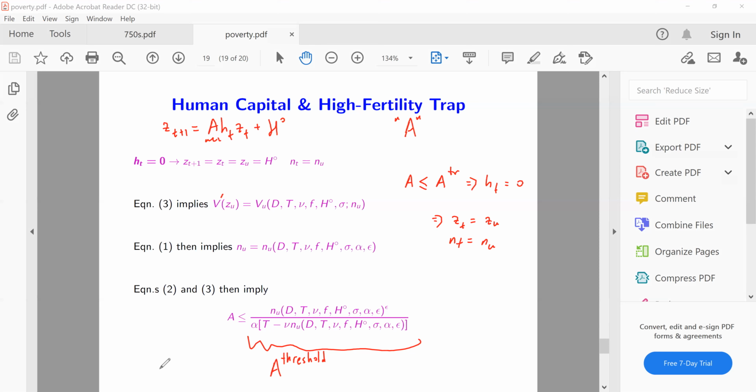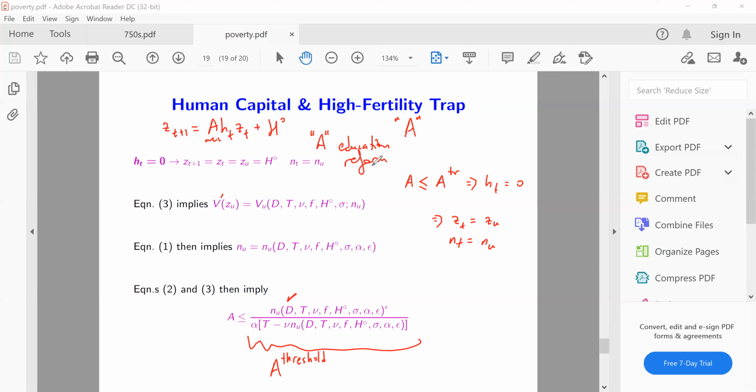And again, even though we do not have analytical solutions for fertility that requires numerical solutions, we can still understand a parameter is critical here. So if you want education reform, in a typical underdeveloped economy, you increase A by using some education reform.